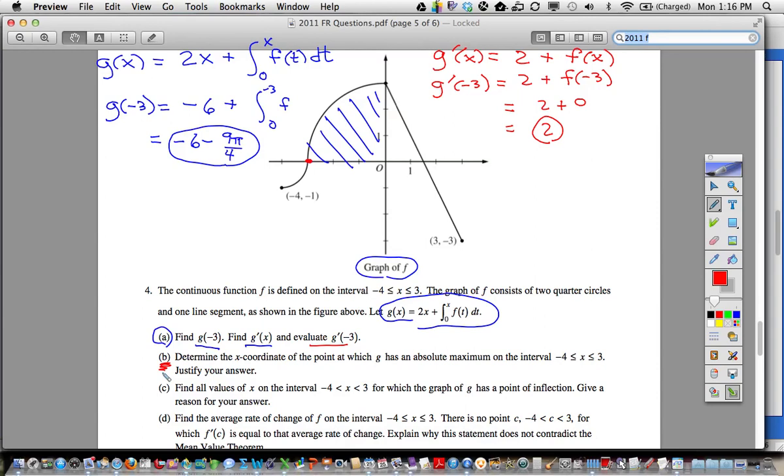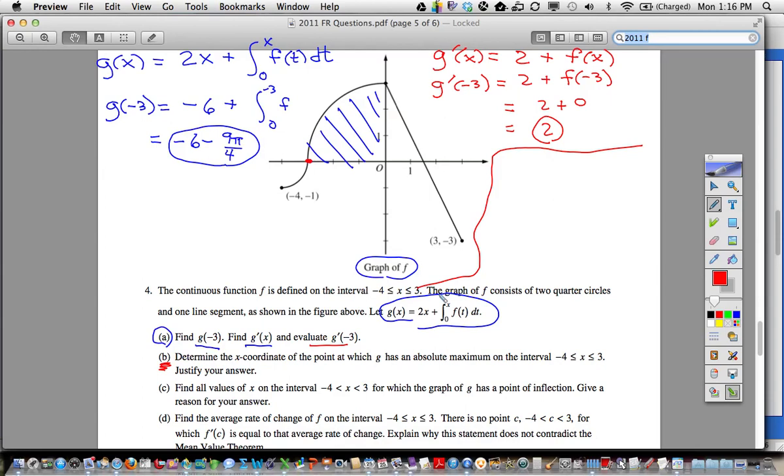B says determine the x-coordinate of the point where G has an absolute max on that interval. How do you find an absolute max? Several ways. Well, derivatives are involved.